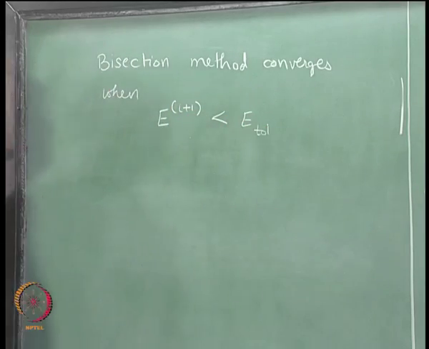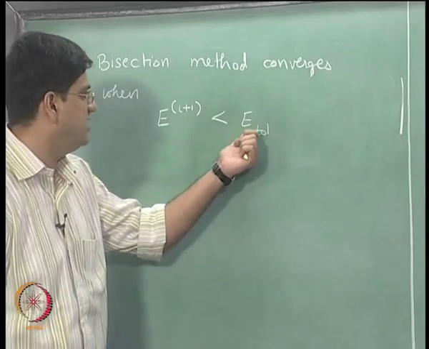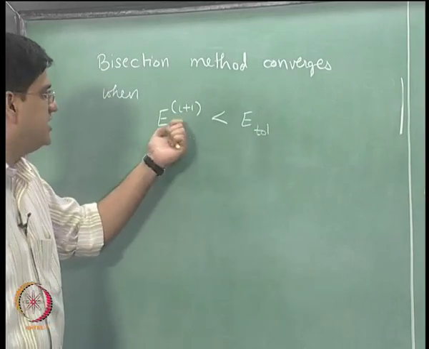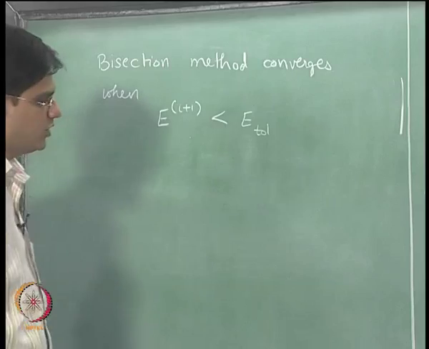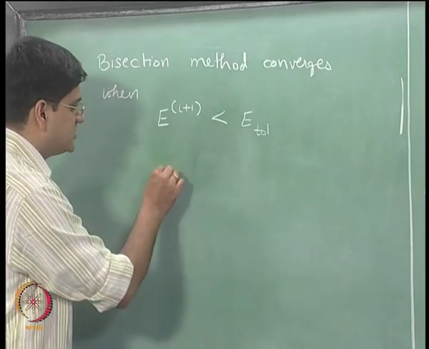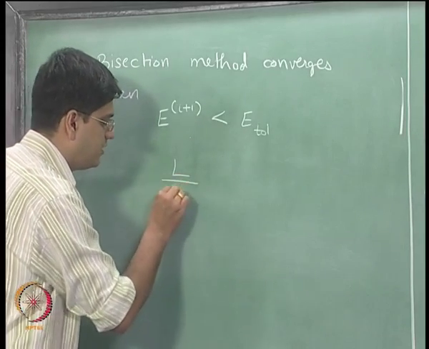The bisection method is said to have converged when E_{i+1} is less than E tolerance, and we are going to start with the length L.